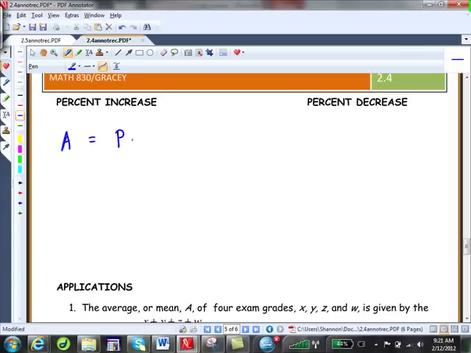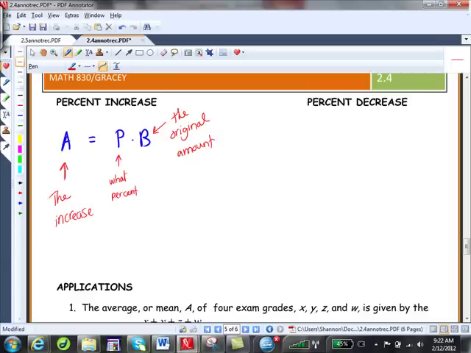Again, you have the same formula, but in this case, what A is standing for is the increase. Okay. P is standing for what percent. And B is standing for the original amount. But you have to be careful because this is only going to give you the percent increase.